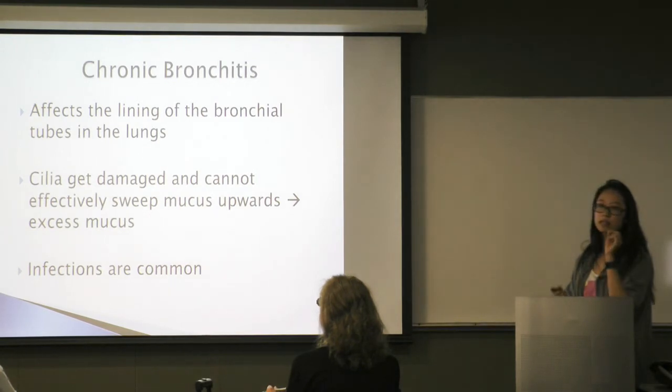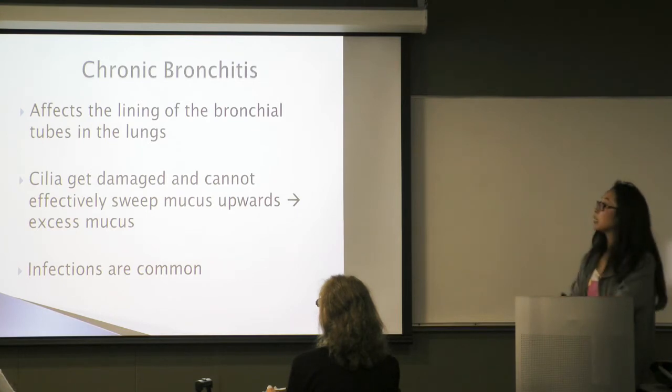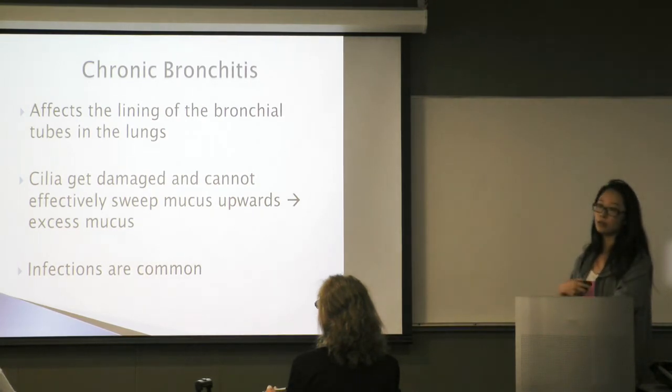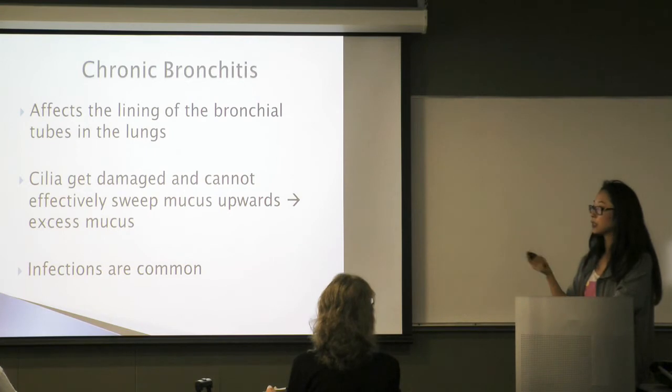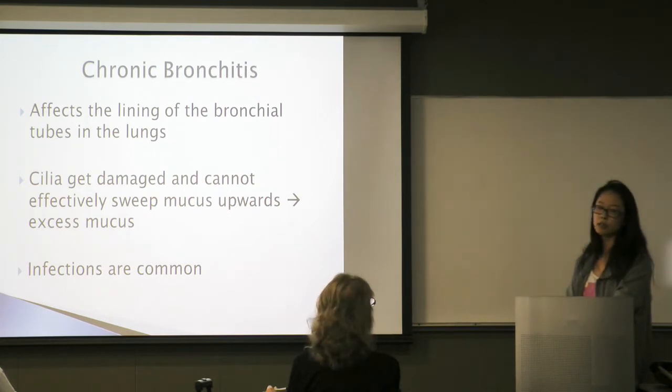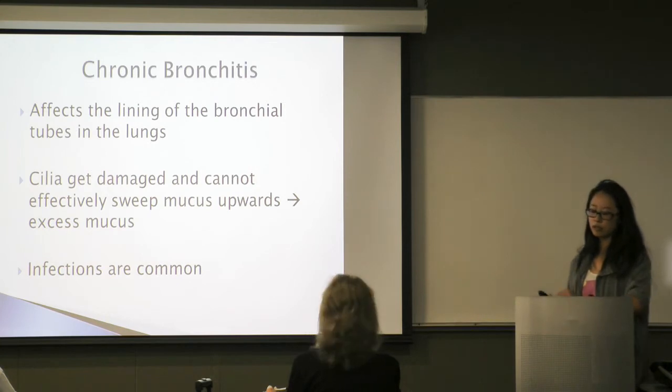So cilia are these little tiny microscopic hairs that are present in several parts of the body, but in this case, in our trachea. So they get damaged and they cannot effectively sweep mucus upwards. That's their job, to take out dirt, debris, excess mucus. And infections are common, and that's probably because of that excess mucus. It's a pretty good home for bacteria and such.